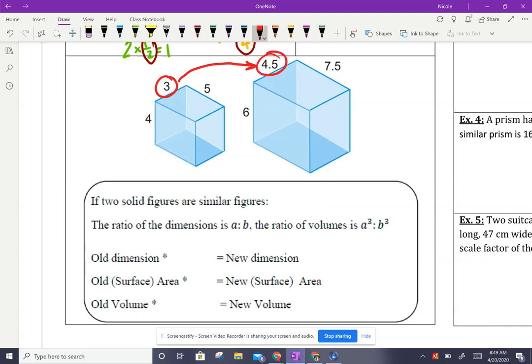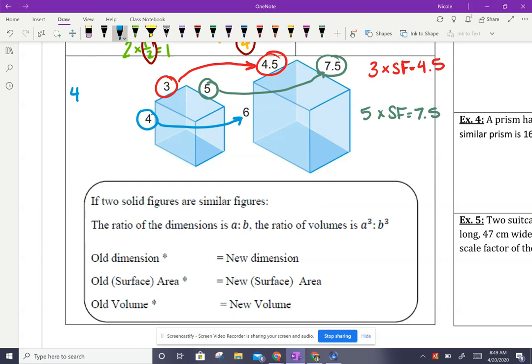And we would say that 3 times some sort of scale factor is equal to 4.5. And we would need to check all of the provided measurements. So 5 matches up with 7.5, some sort of scale factor. And then we would take 4 to 6. So 4 times some sort of scale factor will equal 6.